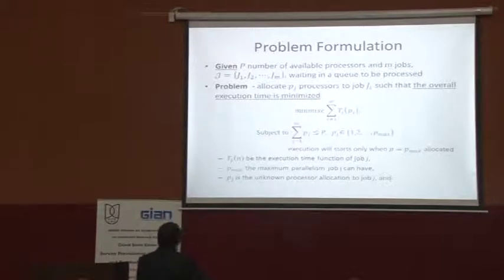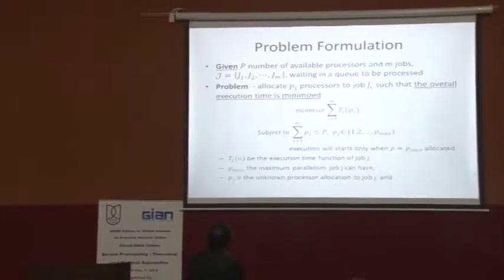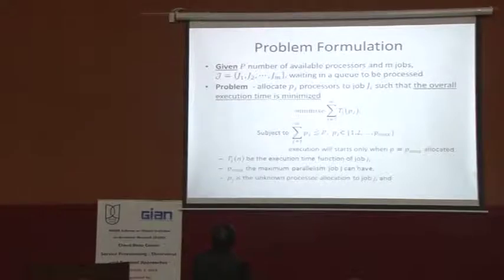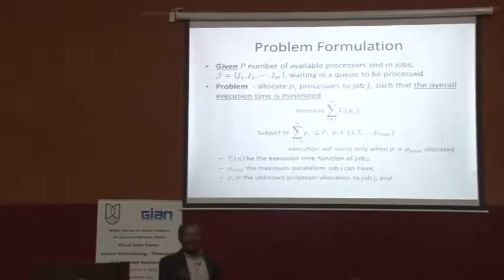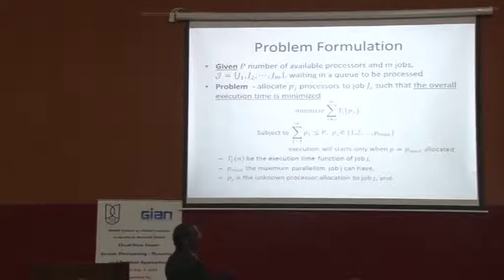But there are two constraints that the allocation must satisfy. One of the conditions is that the number of processors assigned to each job must be equal to or less than the available processors. You cannot assign more than the available processors to each job. The other one is that PJ cannot take more than the number it requires, which is P max, the number of tasks it has, or the number of virtual machines it needs.